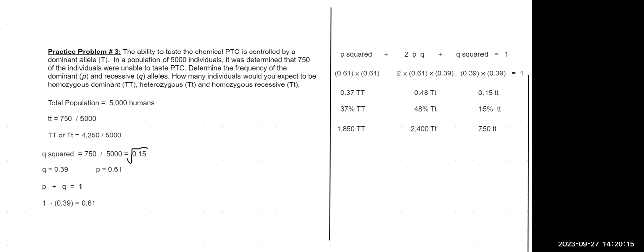So the way I recommend doing it, just give yourself a little summary. So total in the population is just 100 zebras. Okay, and then we have homozygous recessives are going to be 36 out of 100 zebras. And then those that aren't homozygous recessive have to be either homozygous dominant or heterozygous.